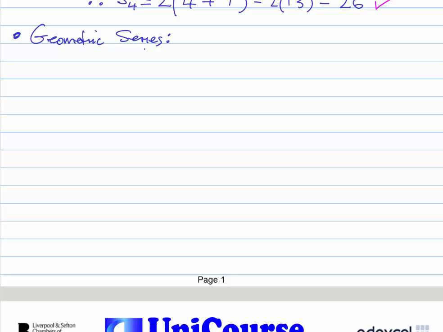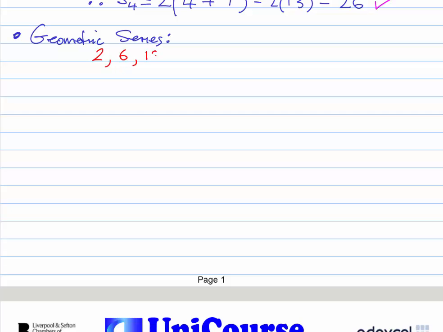Why don't we start by writing down a typical geometric series? How about this one? 2, and what I now need to do is to think, well, what is a geometric series? Well, as it says in your workbook, you have to multiply by a particular term consistently.